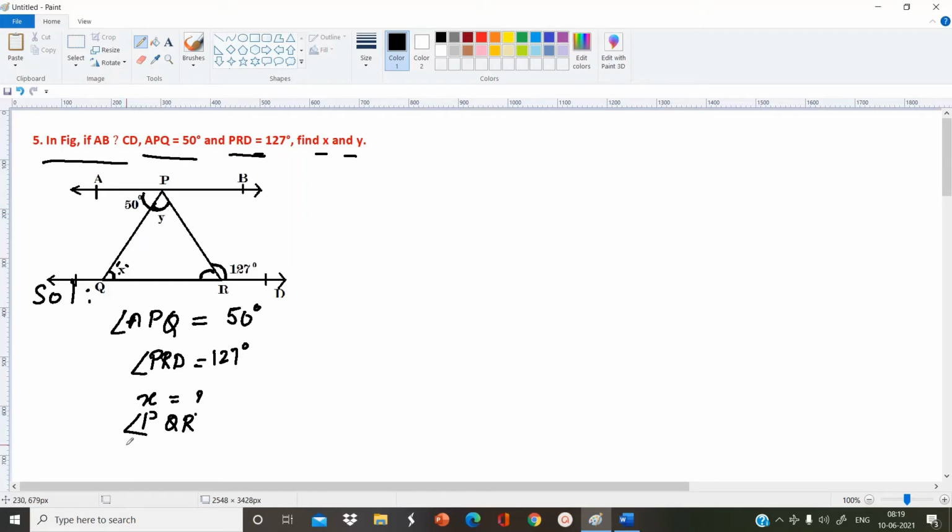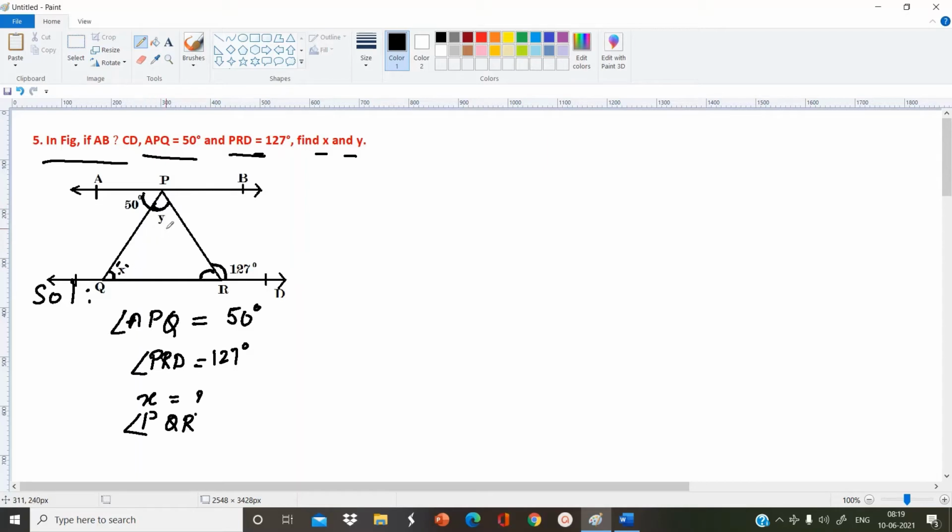That means from this transversal line we can say, in the picture, angle APQ and angle PQR both are alternate interior angles. So these two angles are equal.